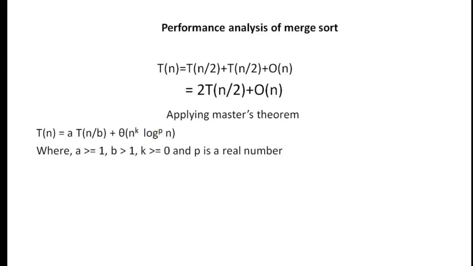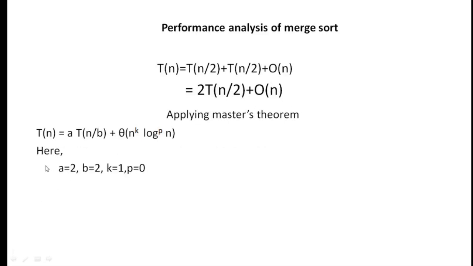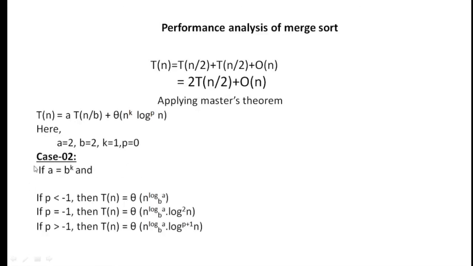So a is equal to 2, and b is equal to 2, k is equal to 1 here. If we see in this recurrence relation, I'm talking about this, a is equal to 2, b is equal to 2, and k is equal to 1, and p is equal to 0, because there is no log here. So this is the value, and this is the master theorem.